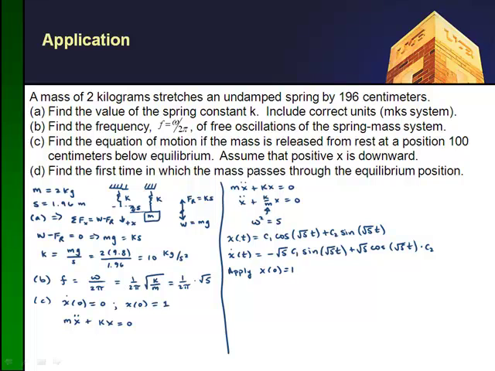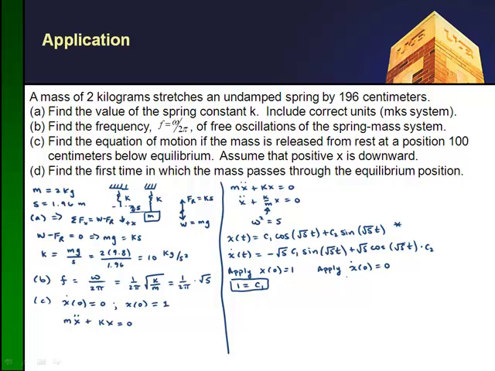Okay. So if I go back to my x of t here, I get that 1 equals c1 times the cosine of 0, which is 1, plus c2 times the sine of 0, which is 0, and I'm just left with c1 equals 1.